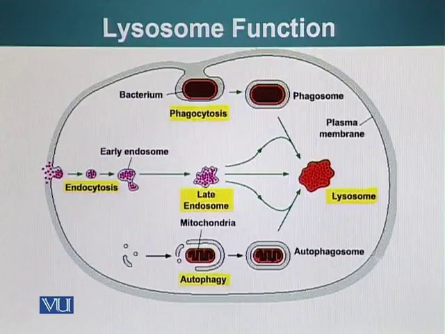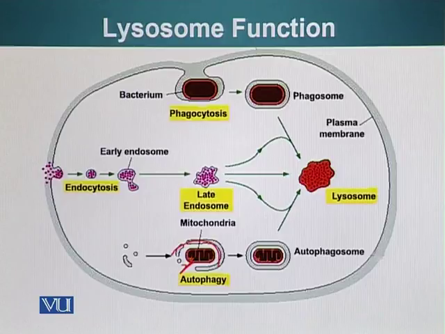So lysosome, as we know, is the organelle which degrades larger structures. Not only do phagocytic vesicles fuse with the lysosome, the cellular organelles that have been damaged over a period of time also fuse with the lysosome. Here, for example, this mitochondria was damaged.